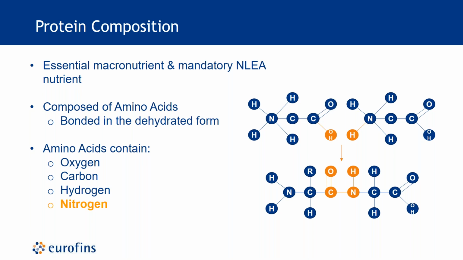Some of them may contain nitrogen, but when you look at amino acids, what's consistent among all of them is that they all contain nitrogen because it's crucial for the peptide bond and forming those proteins. So that is important to keep in mind when we get into the next slide and talk about how protein is actually measured and how that came about historically, and it's actually still used today.